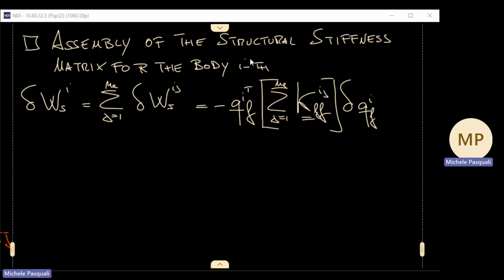As you can see, also in this case, as it was for the mass matrix, it's super simple to assemble the structural stiffness matrix for the overall body because it's basically just a sum.